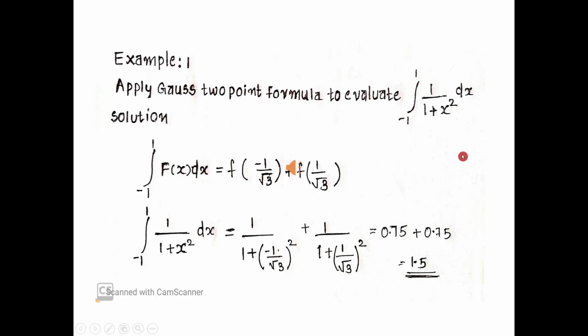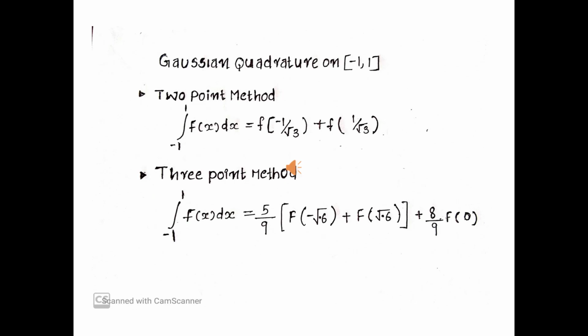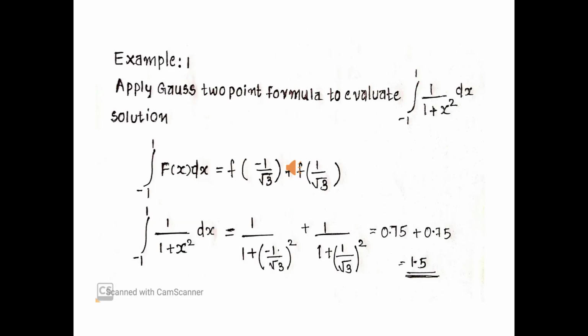Now we can discuss some problems. Example 1. Apply Gauss 2-point formula to evaluate integral minus 1 to 1 of 1 by 1 plus x square dx. Here we have to use Gauss 2-point formula.